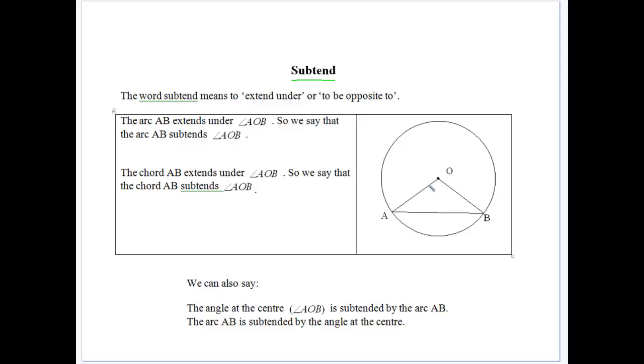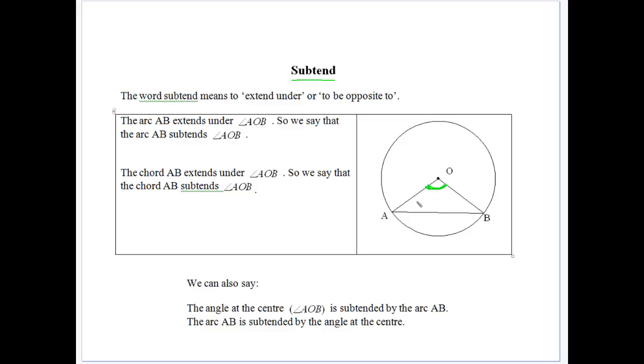So this chord then would subtend that angle AOB. So basically because of the size of the arc or the chord, it causes the angle to be that size, so it subtends it. We could also say the angle at the center is subtended by the arc AB, and the arc AB is subtended by the angle at the center. So you can look at it the other way.